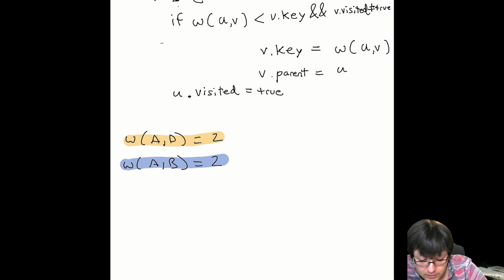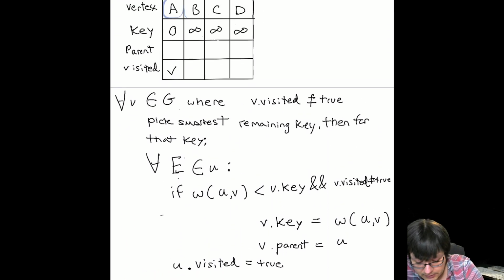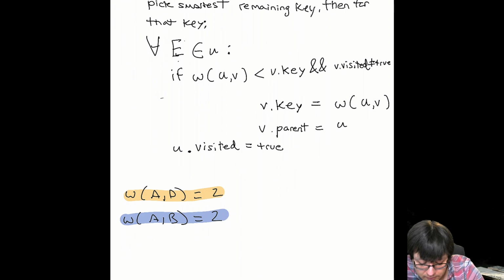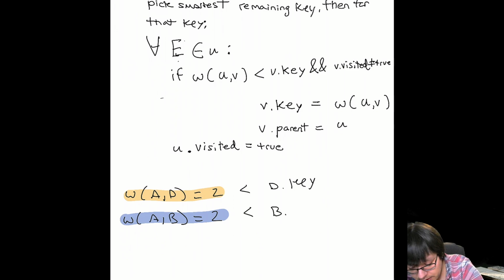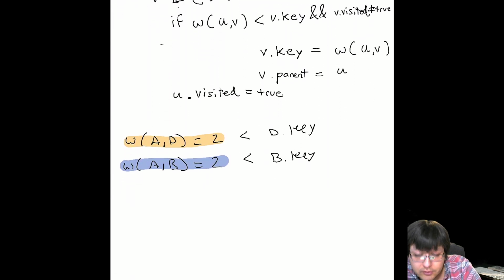Okay, and so that's what the w(A, D) stands for. V dot key is just simply asking about these values here. So right now, if we're looking at V in this first example, it is going to be D. So we're saying is 2 less than D dot key, and the second we're saying is 2 less than B dot key, which of course in this first initial example they both are infinity, and the answer is yes, 2 is less than infinity.